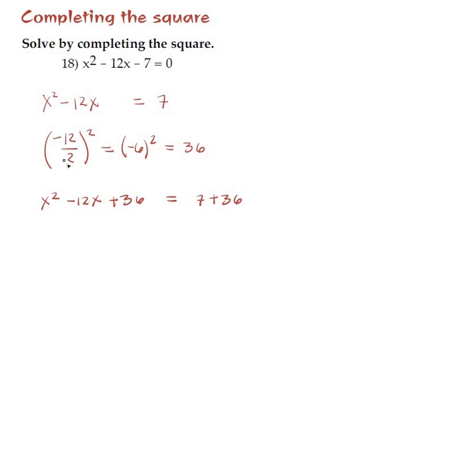The reason why we did this is because we're turning this part of the equation into a perfect square trinomial. Which means if you want to factor x squared minus 12x plus 36, you need two numbers that add up to negative 12 and multiply to give 36.